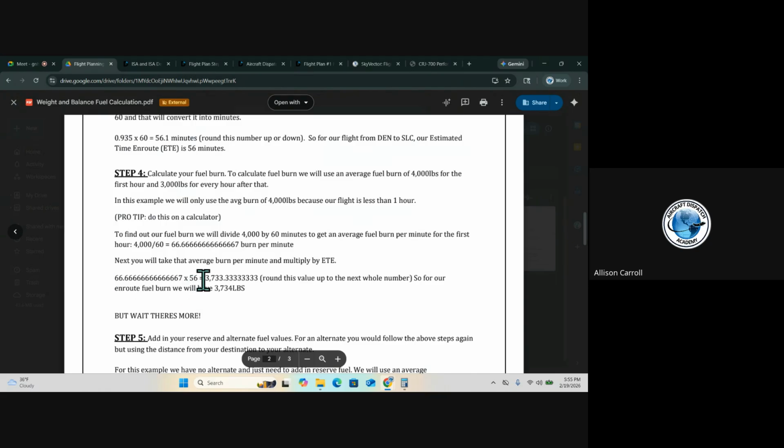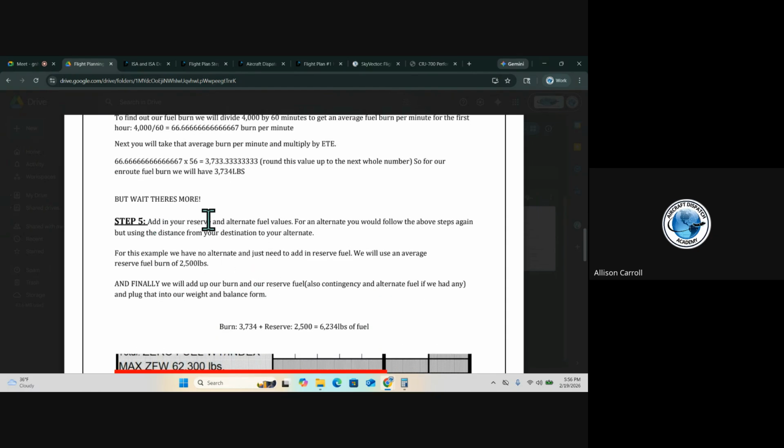So we took that, multiplied it by 56. That gave us 3733. And remember, specifically with fuel, we always round that value up to the next whole number. Okay, so even though it was 0.3, we rounded it up. So 3734. That was just our burn.